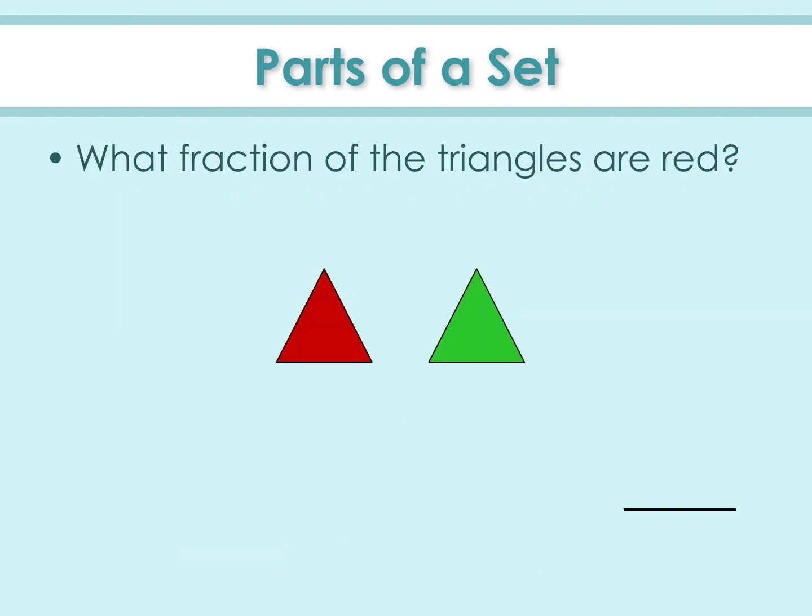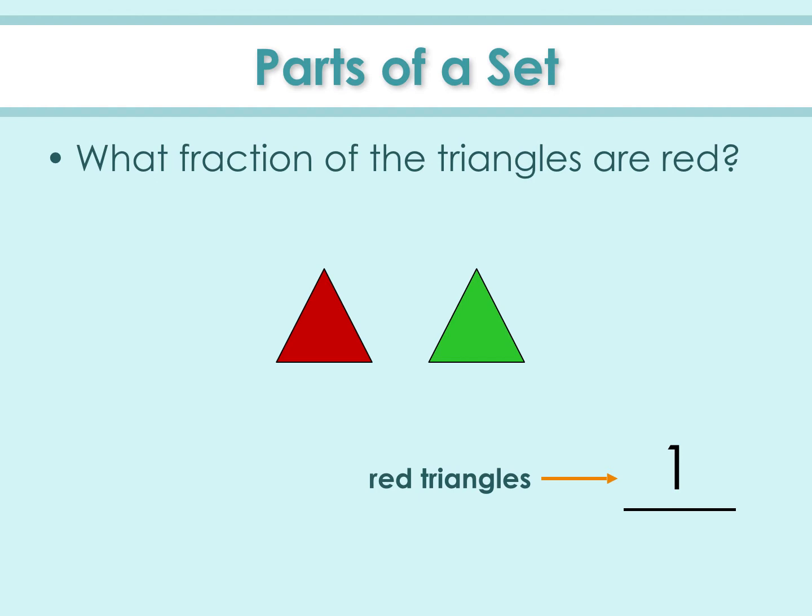Okay, let's try another one. What fraction of the triangles are red? So remember, the numerator will be the parts that we have counted or separated. In this case, it's going to be the number of red triangles. And you can see we have 1 red triangle, so our numerator is 1.